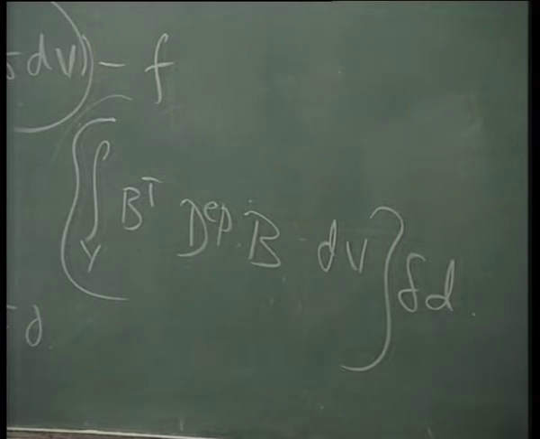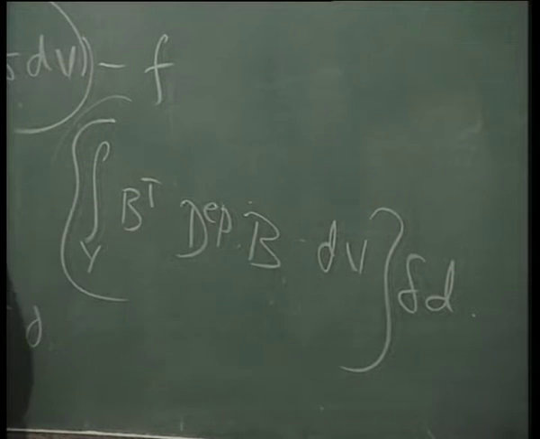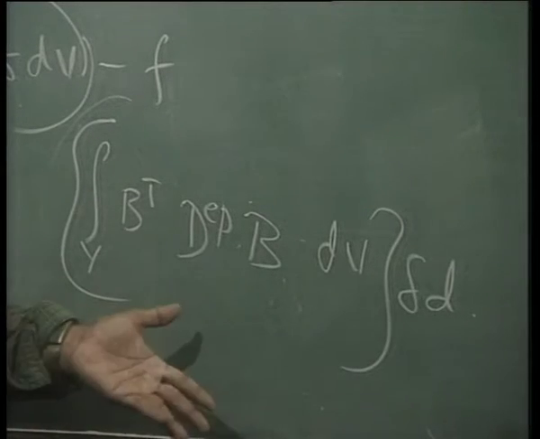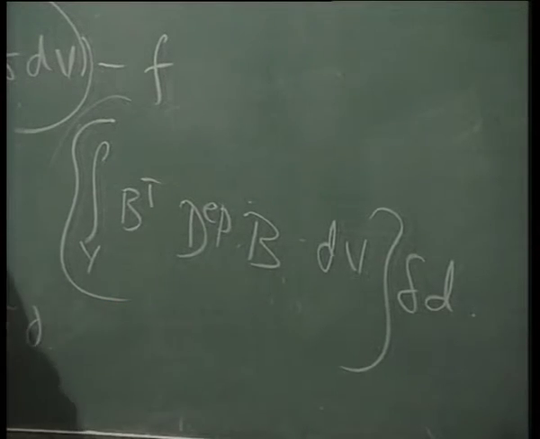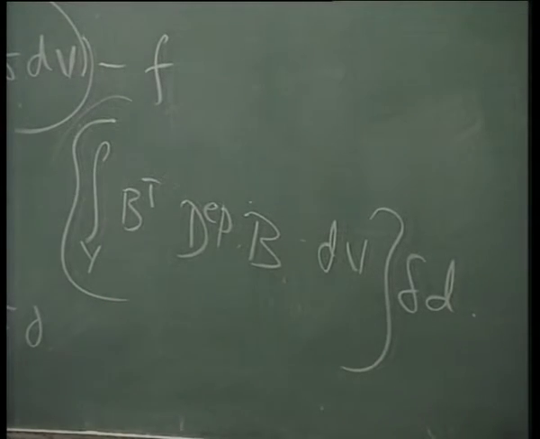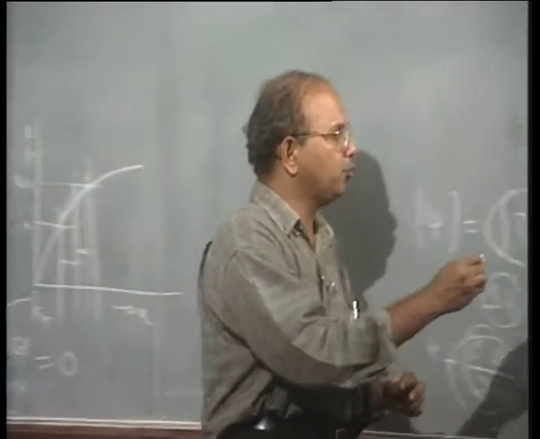One of the names by which people call this is Jacobian. They say material Jacobian or Jacobian. Dou sigma by dou epsilon. I don't know how that name came about, but still people sometimes call this Jacobian. That's the whole advantage of nonlinear finite element, and that is why packages like Abaqus have a routine called UMAT.